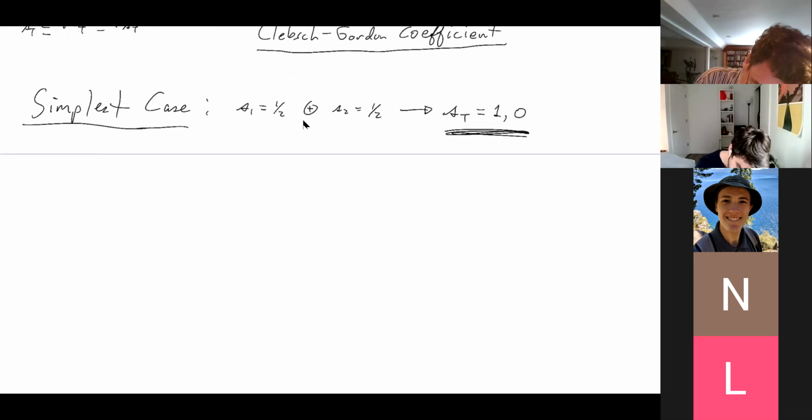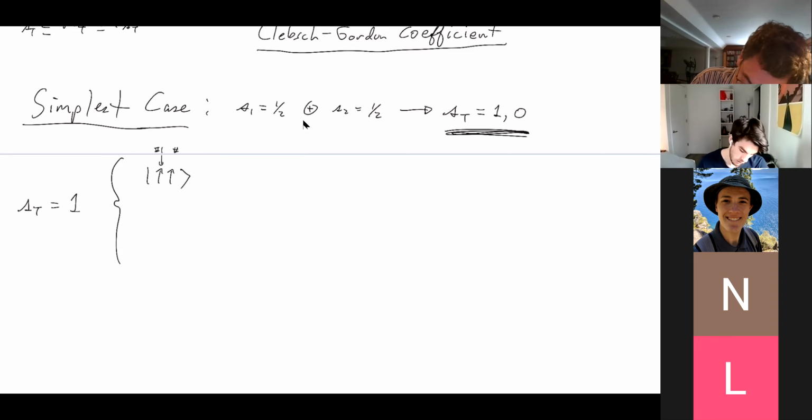For S total equals 1, we got 3 states, which was up, up. And remember, this is for particle number 1 and this is particle number 2. Don't forget what this notation means. This state had M total equals 1.